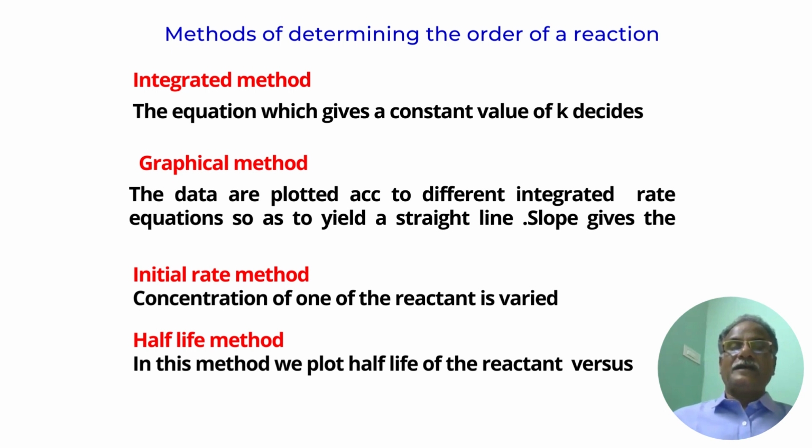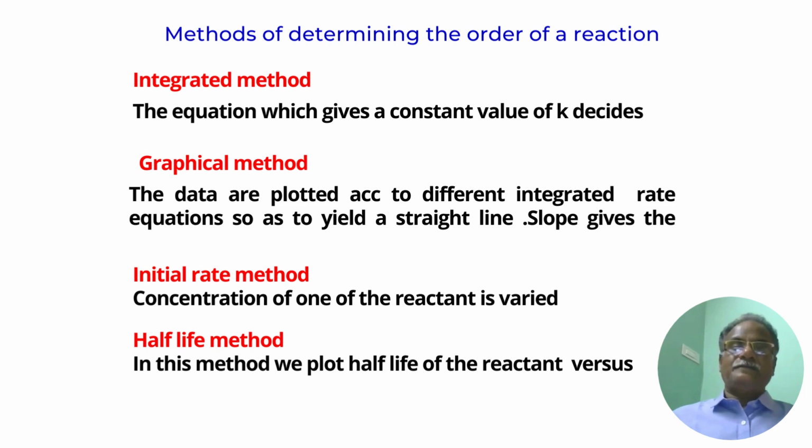If the k value is constant, then we can decide the order of a reaction. Suppose if you substitute the values in the integrated equation for the rate constant of a first order reaction and get a constant value of k, the reaction you performed is considered a first order reaction.